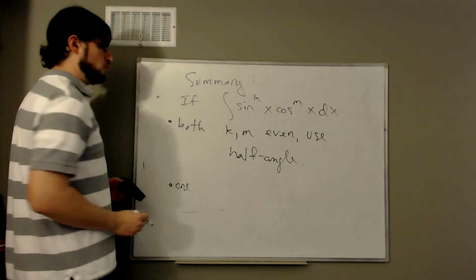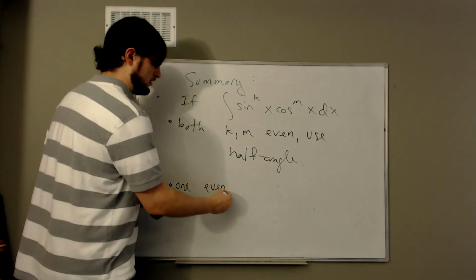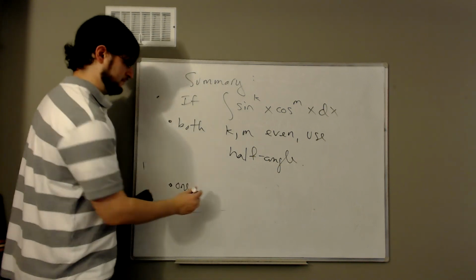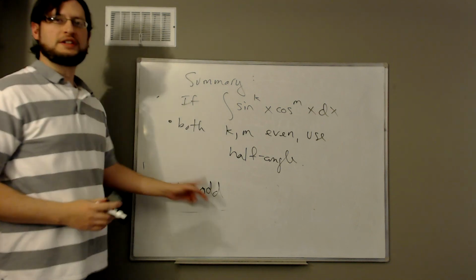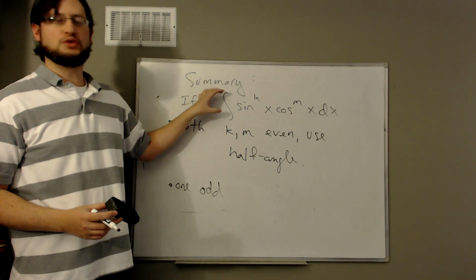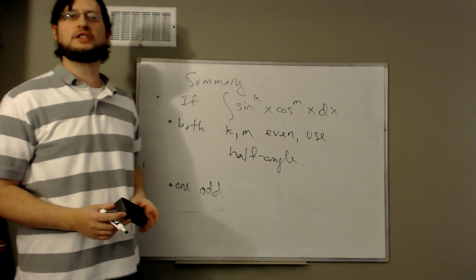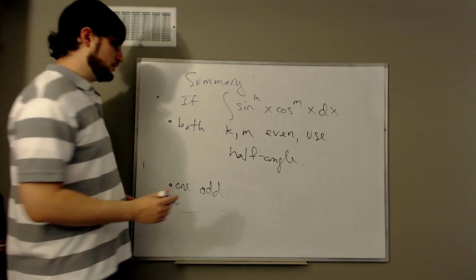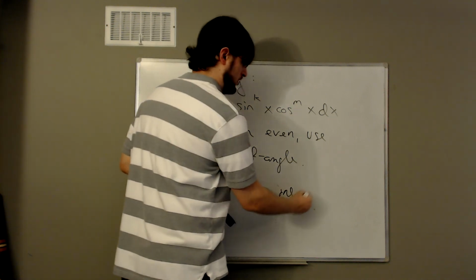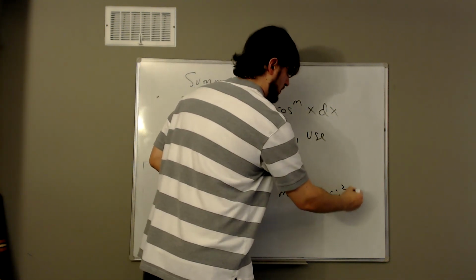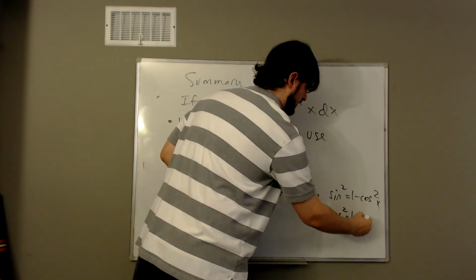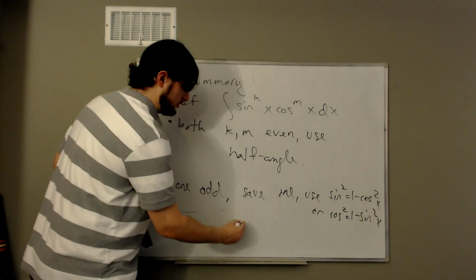If one is odd, that's really all it takes. If one is odd, say sine to the fifth, then we can save one of the sines and use 1 minus cosine squared for the other sines, and then use a u substitution. Right? Save 1, use sine squared equals 1 minus cosine squared, or cosine squared equals 1 minus sine squared, and then the u substitution.